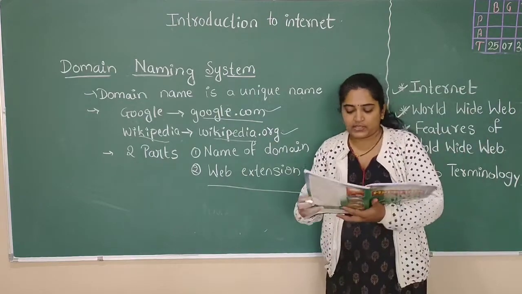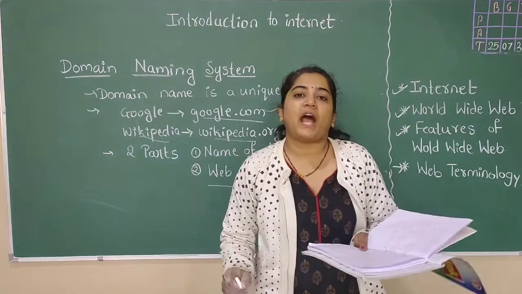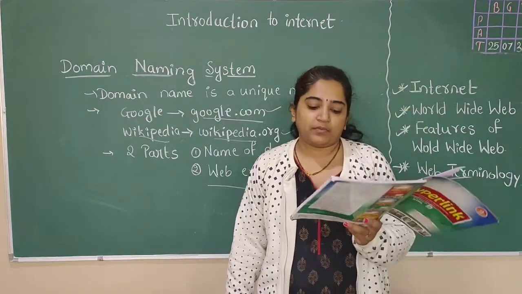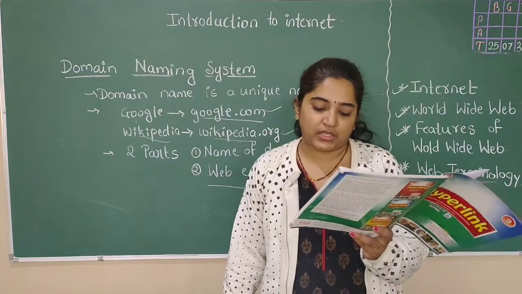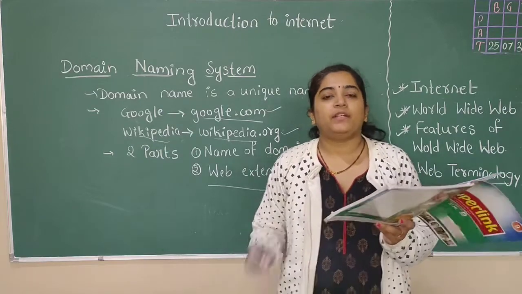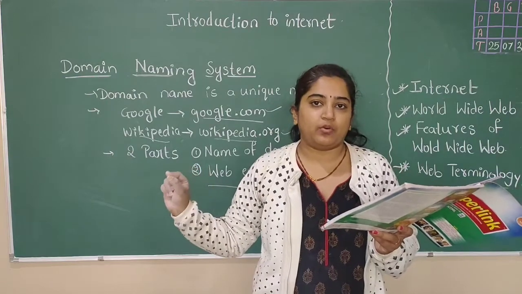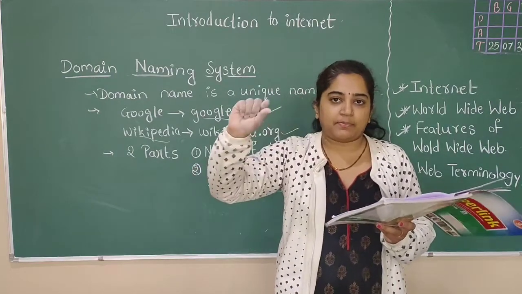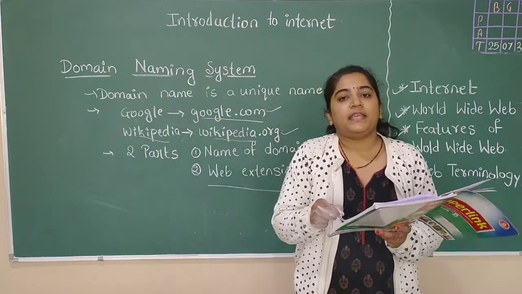So suppose a user from India wants to use yahoo.com on the search engine. What will the person do? He will simply type www.yahoo.co.in in the address bar of the computer, and he will press enter.